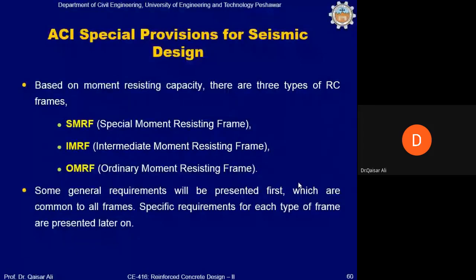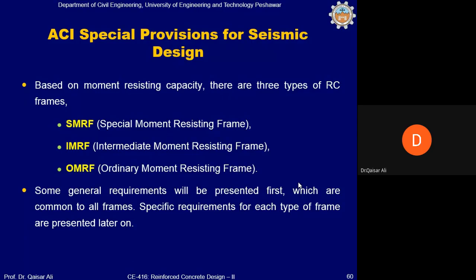If the capacity of the connections is moderate, not very good, then it will be called an intermediate moment resisting frame. The words intermediate and special refer to the bending moment capacity. Intermediate means a moderately efficient frame.